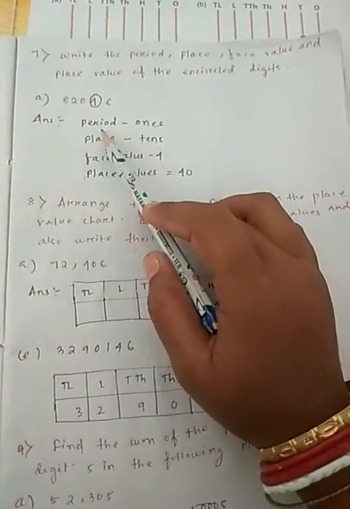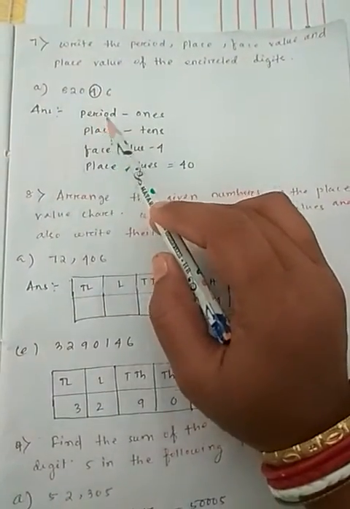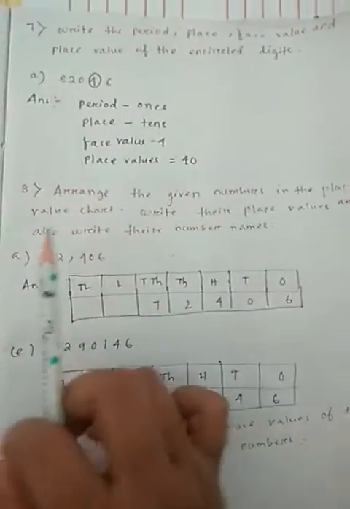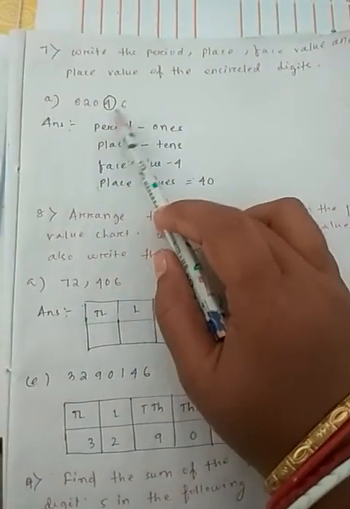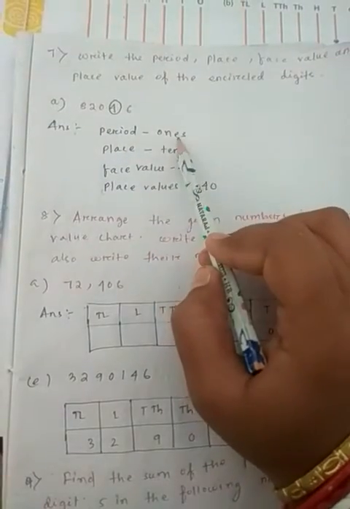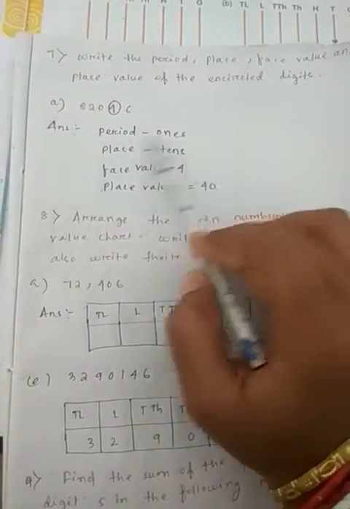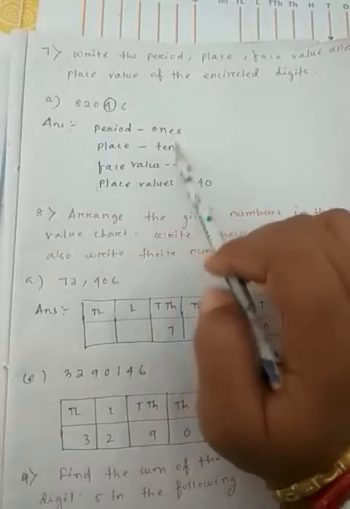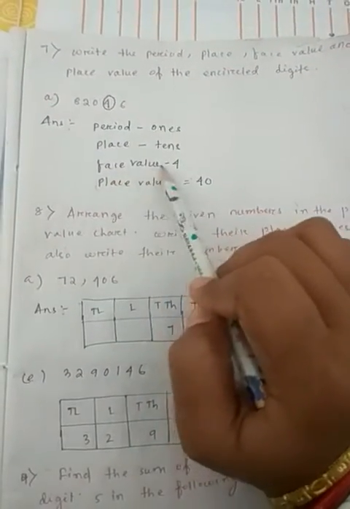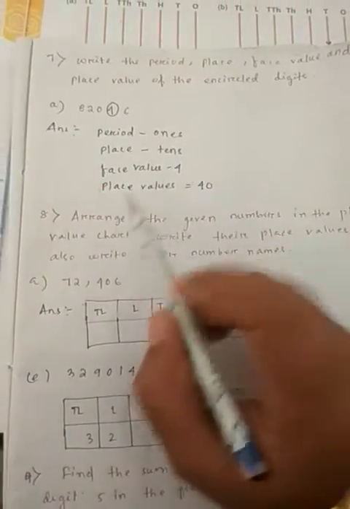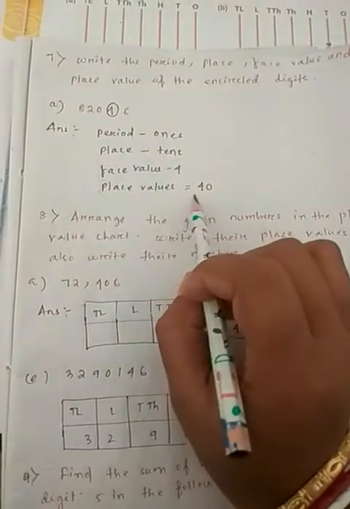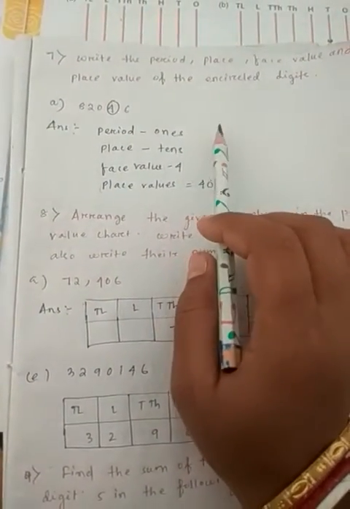So here one number is given, that is 82,046. The period is ones, 4 is in ones period. The place of 4 is tens and the face value of 4 is 4 and the place value of 4 is 40. According to that you have to do all the next question answers.